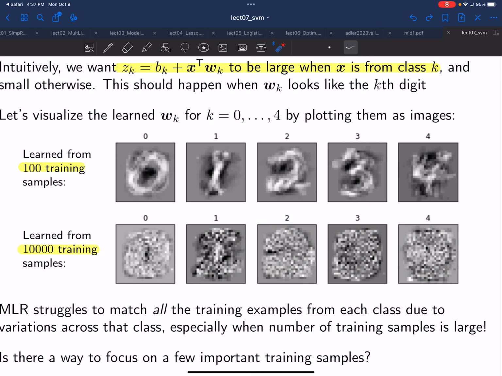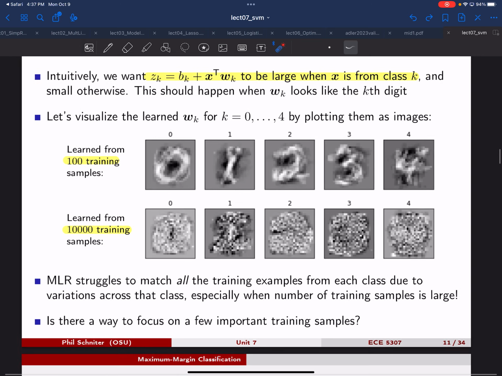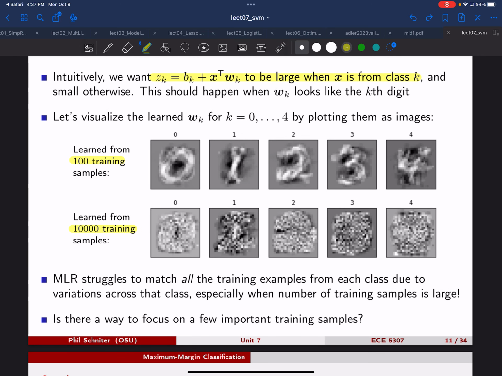So that's the motivation for what we're doing in this unit. What we're noticing is that when we give this method a lot of training samples, it's not really focusing on all the right things. It's getting distracted by this massive quantity of data. Is there some way to focus on a few important training samples instead of using all of them and coming up with some strange overfitted prediction?